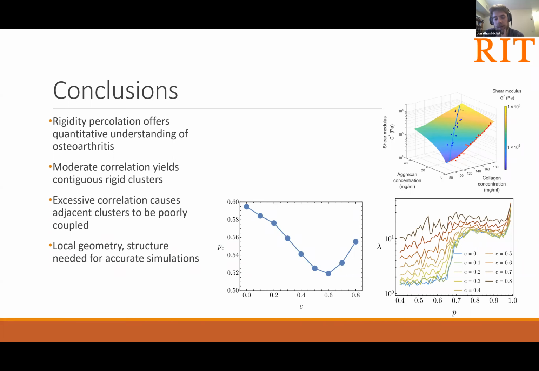I don't have any results on that just yet. I've just played around in the simulation parameter space so far. But definitely a provocative question and an interesting avenue.